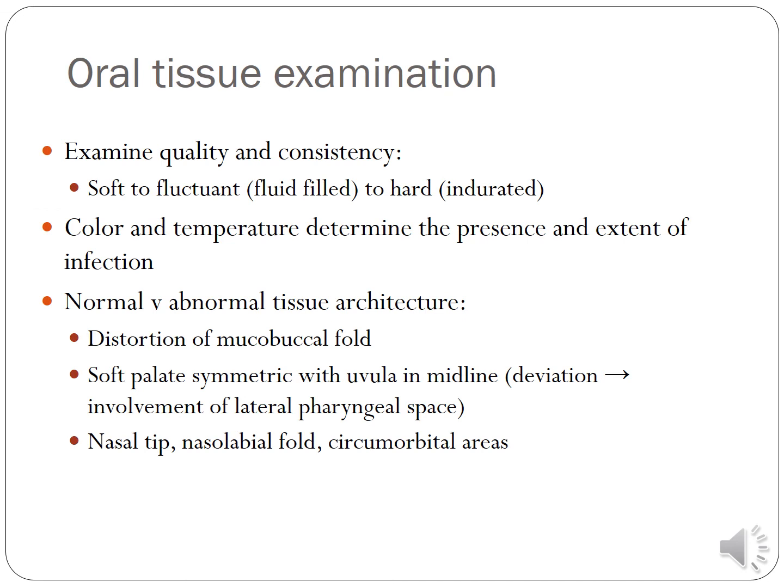Examine the quality and consistency, soft to fluctuant to hard, color and temperature, determine the presence of external infection, distortion of the buccal fold, soft palate symmetry, and whether the uvula has a midline shift. If there is involvement of the lateral pharyngeal space, which is a clinical sign, the nasal tip, nasolabial fold, and circumorbital areas will be swollen.